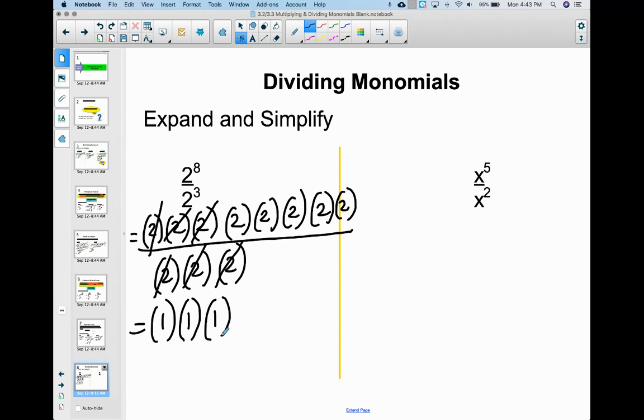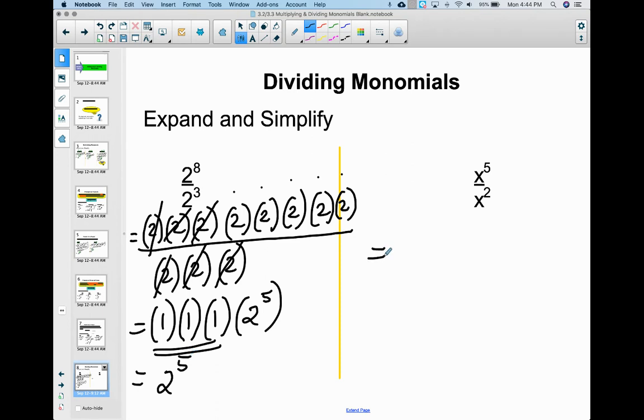And we have 2 to the power of 5 remaining, because 2 times 2 times 2 times 2 times 2 can be written as 2 to the power of 5. And anything multiplied by 1 is itself. So then the final answer is 2 to the power of 5.